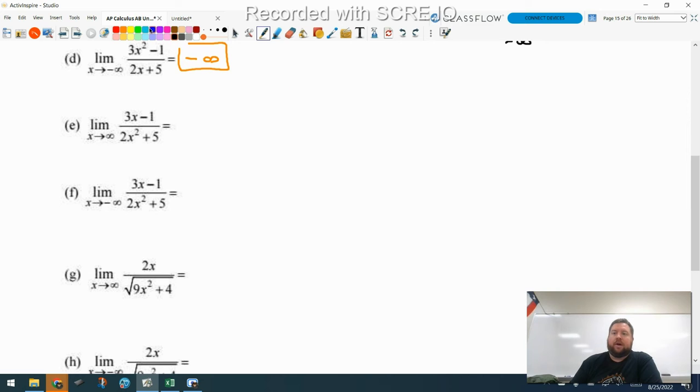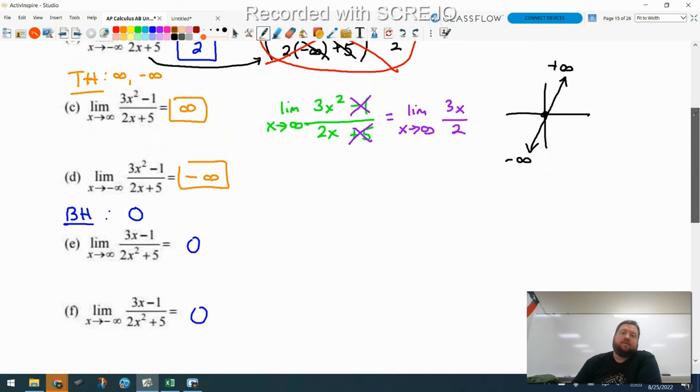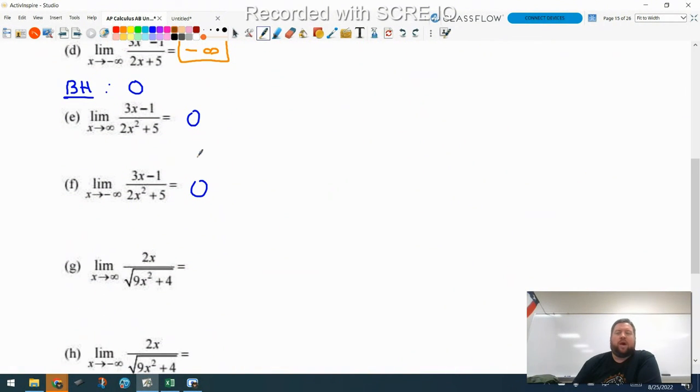All right, these two are bottom heavy. Bottom heavy is always equal to 0. It doesn't matter if x is going to positive infinity or negative infinity, your answer is going to be 0 if it's bottom heavy. I'll show you the divide by x method on this one as well, in case you're wondering why it's equal to 0.